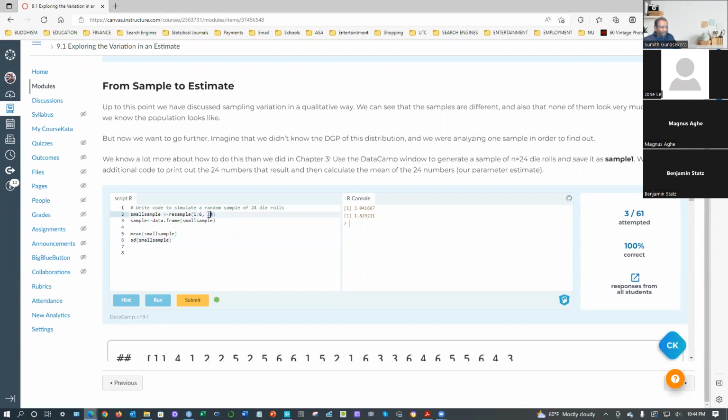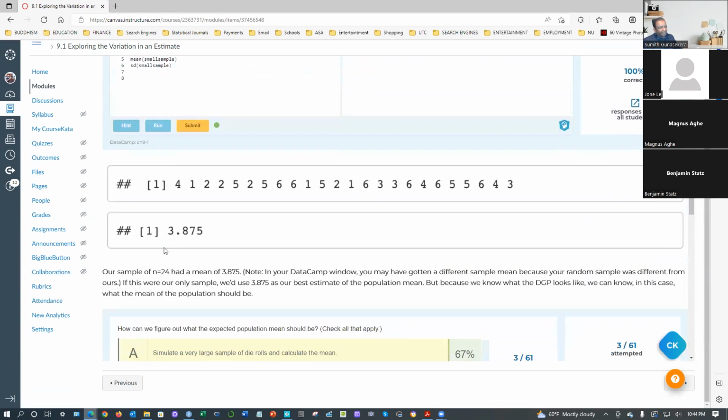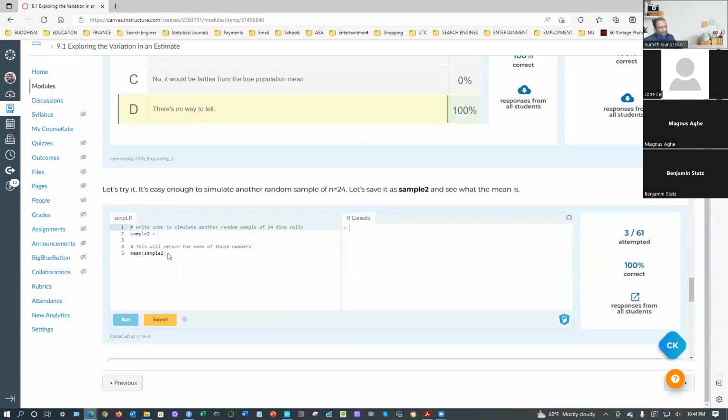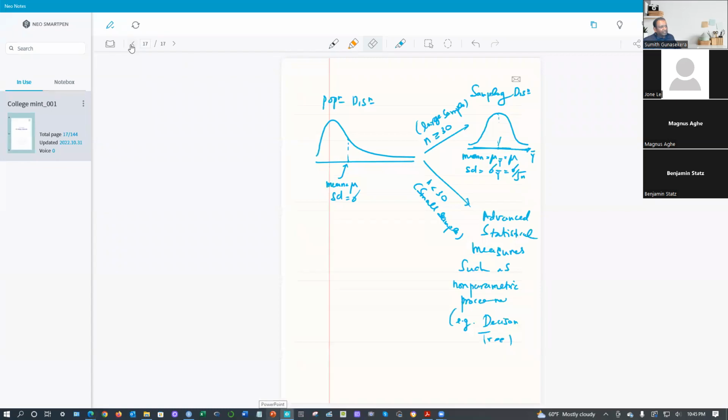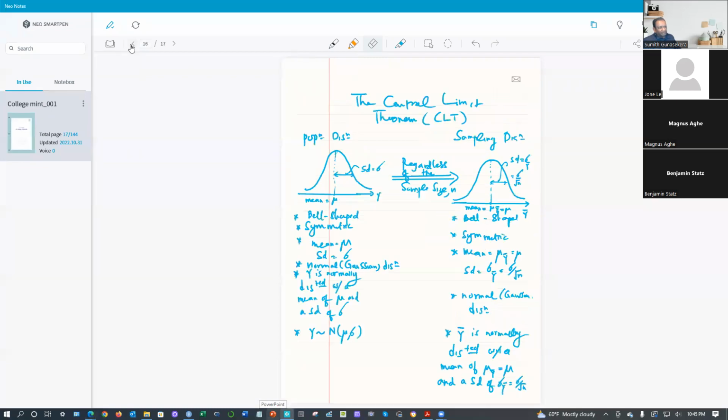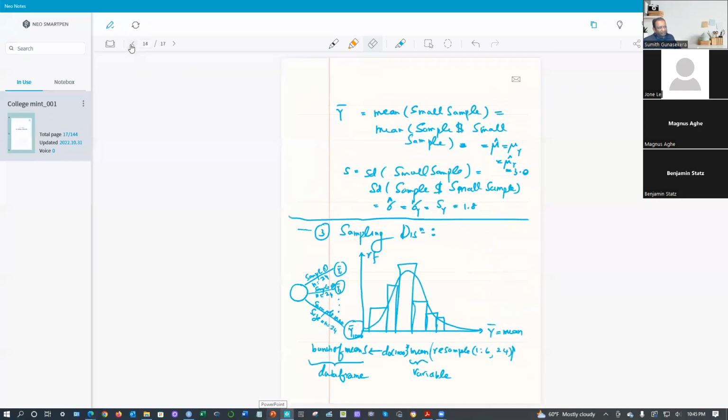Sample size 24, and repetitions 1,000 times. Can you remember, distinguishably, these two? We can talk about them a little bit.